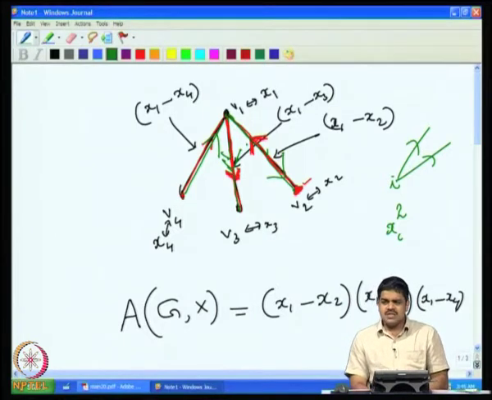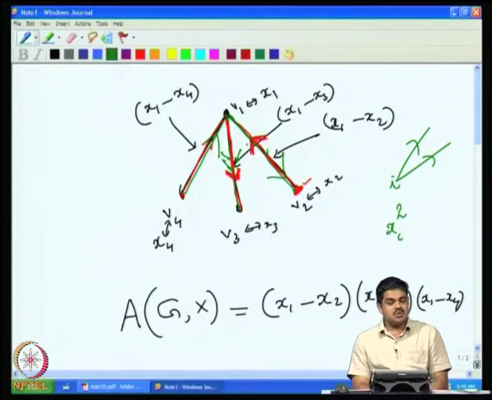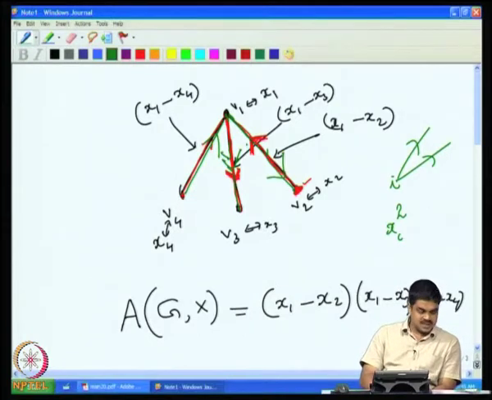But the only thing is the sign may not be the same; the signs may be different. It is possible that one of them may get a positive sign, the other may get a negative sign. So, though there are 2 raised to m terms, some of them are the same terms, but possibly with different signs, and then they may add up to make a 0, that means they may cancel out.